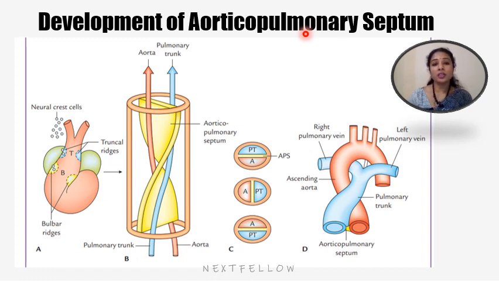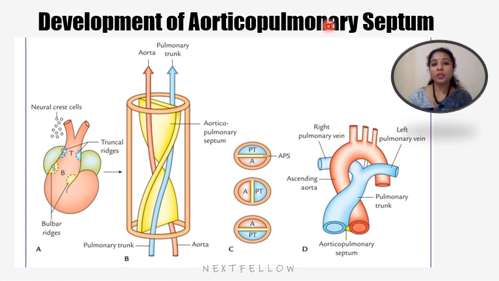The spiral orientation of the ridges results in a spiral aorticopulmonary septum. So when these ridges fuse, we can see the spiral formation of the septum. The septum divides the bulbus cordis and truncus arteriosus into two channels: one is the aorta, the other is the pulmonary trunk.